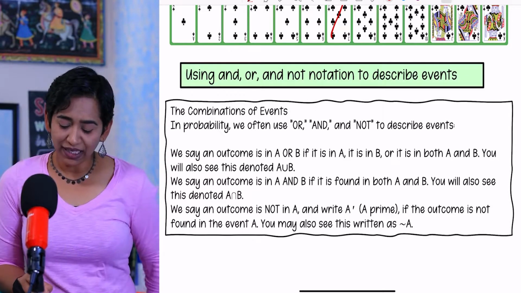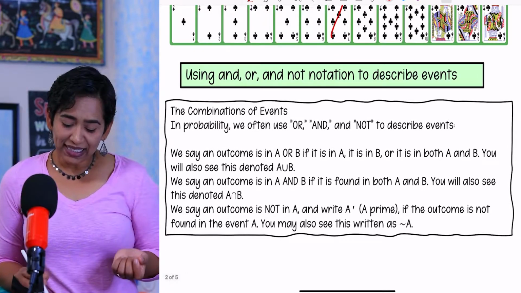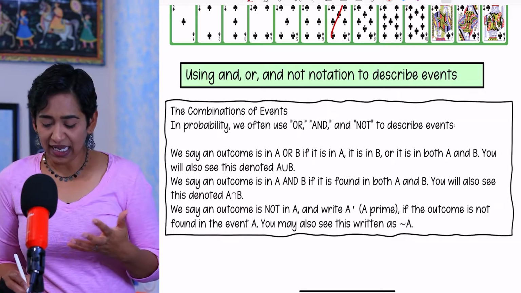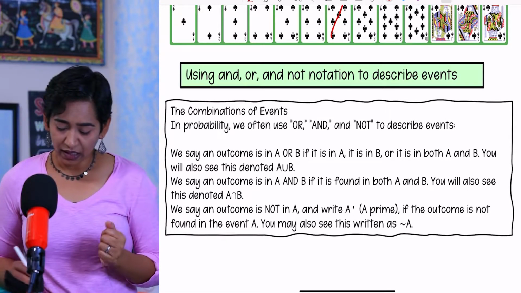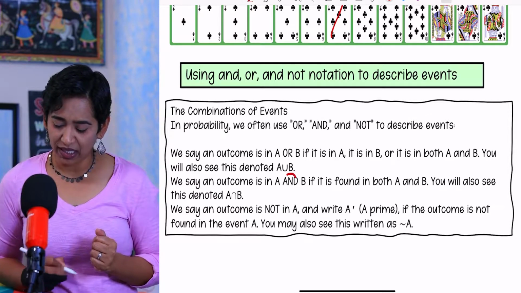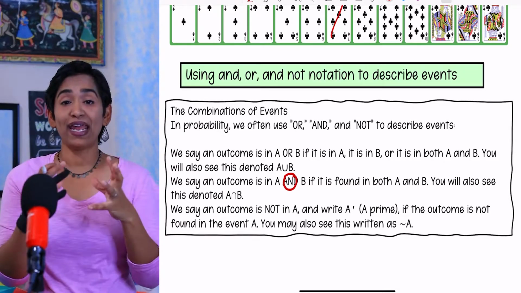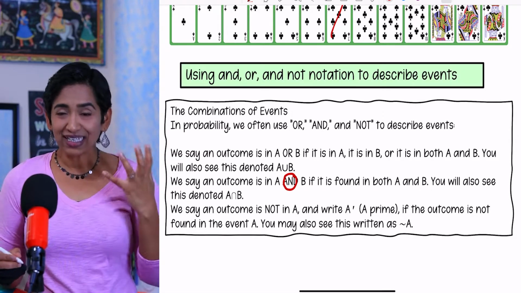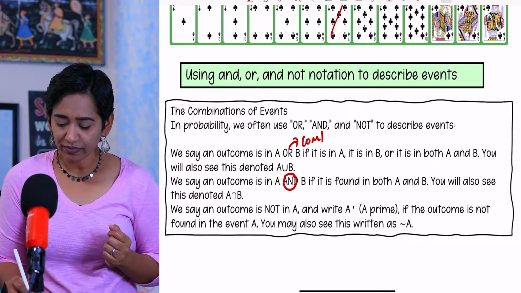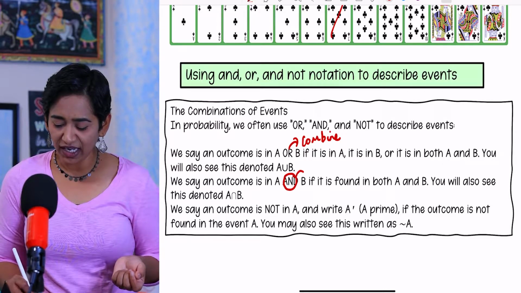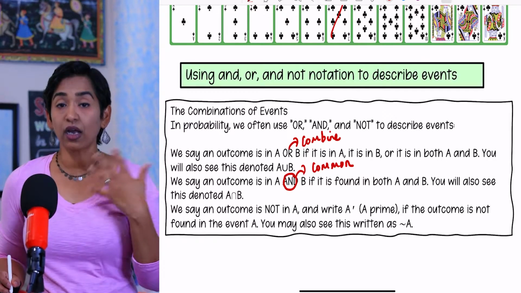So here, the probability that we use or and not to describe the events, we can say an outcome is A or B if the outcome is in A or the outcome is in B. Now, outcome A and B has to be found in both. That means it has to be common between A and B, something that's common. So the keywords I like to use: or is to combine, and is finding something common, right? And not is a complement.